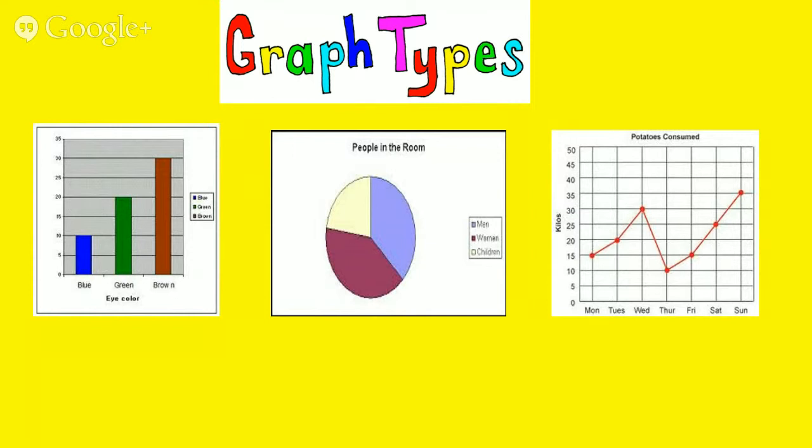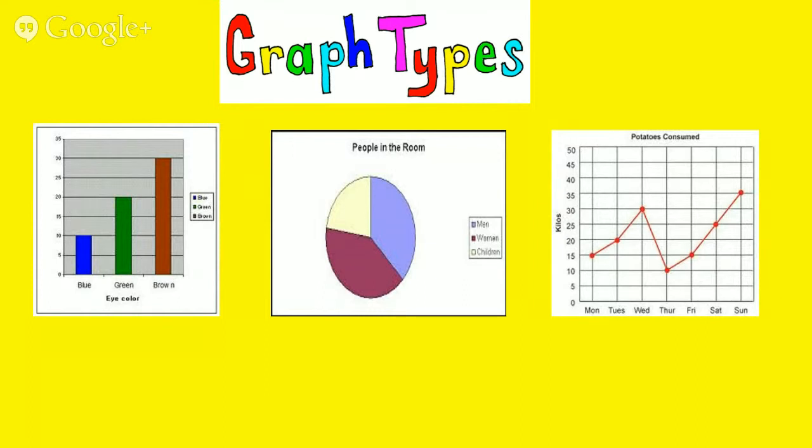And then you've got a traditional line graph as well. How many potatoes were consumed? On a Monday, there was 15, and on a Thursday, there was the lowest number of 10, but on a Sunday, it was 35. So that's how the line goes that way.